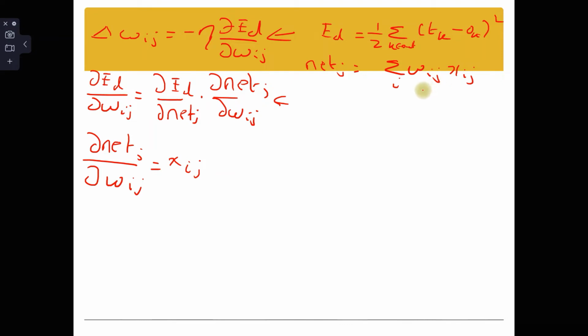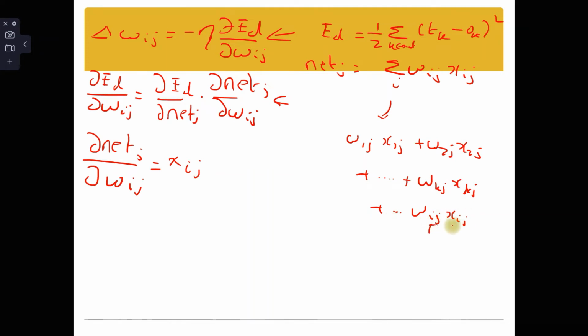You have w_1j, w_2j, w_3j, etc. If you take this sum as it is, you get w_1j x_1j plus w_2j x_2j plus it goes on like that, w_kj x_kj, till w_ij x_ij, where i could be any number. It could be 1, it could be 2.